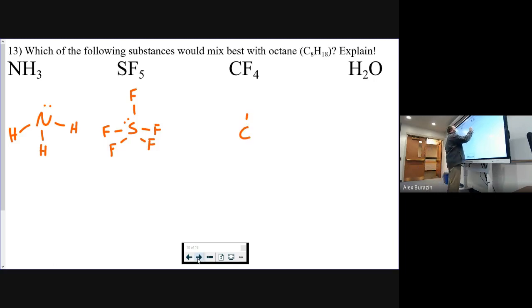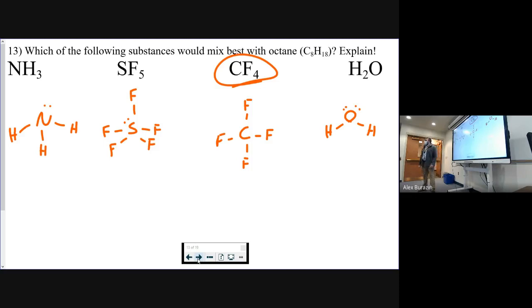CF4, tetrahedral. Polar, nonpolar. Nonpolar. Polar, polar, nonpolar, polar. That's our guy. Like dissolves like, polar mixes with polar, nonpolar mixes with nonpolar.